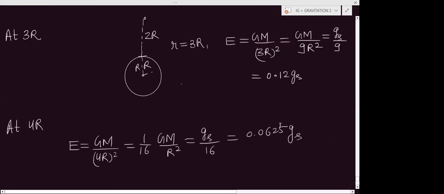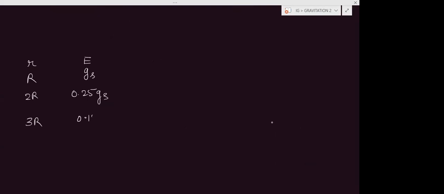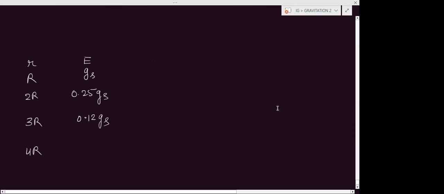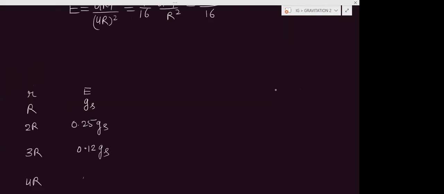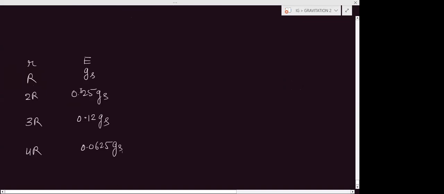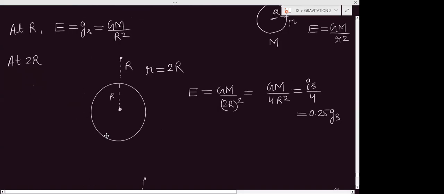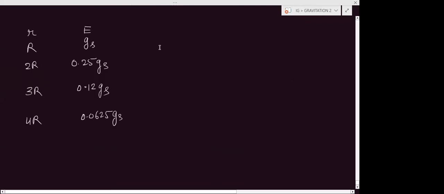At 3r, it will be 0.11 times gs. At 4r, it will be 0.0625 times gs. So with the help of these points, we can plot the graph.